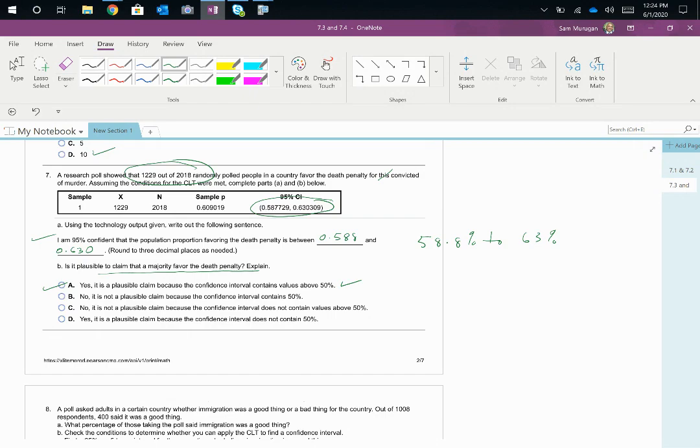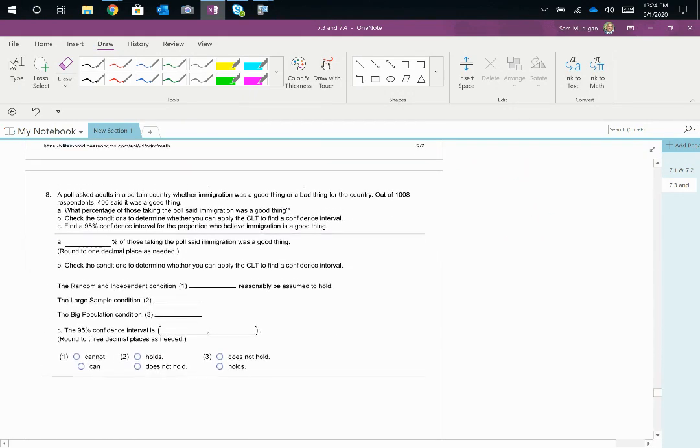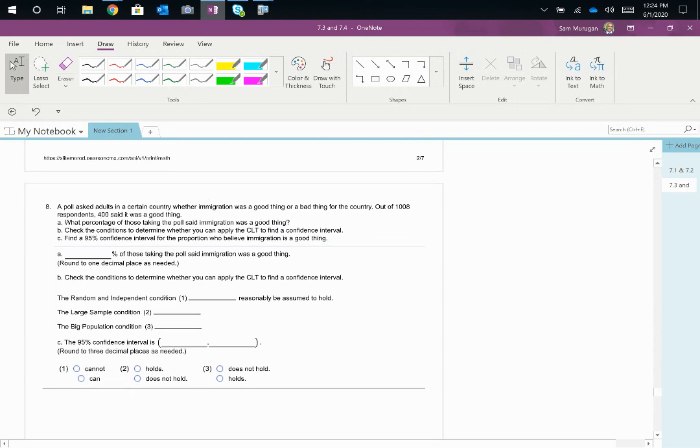Okay, now we're going to go ahead and work a problem here to compute the confidence interval, and I'm going to go through this with you. A poll asked adults in a certain country whether immigration was a good thing or a bad thing. Out of 1,008 respondents, 400 said it was a good thing.